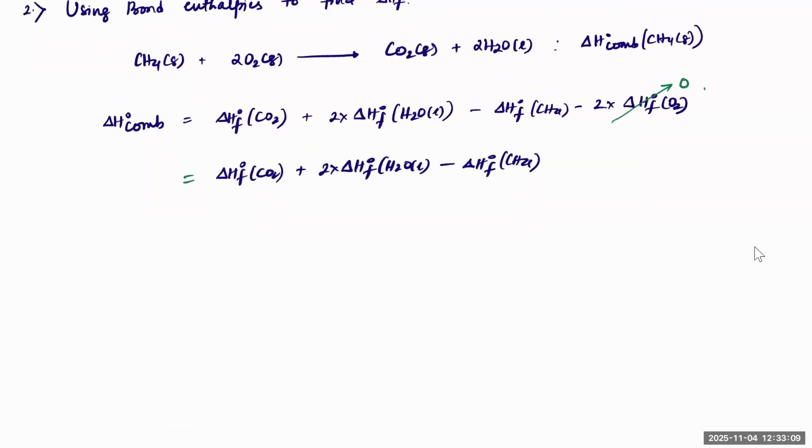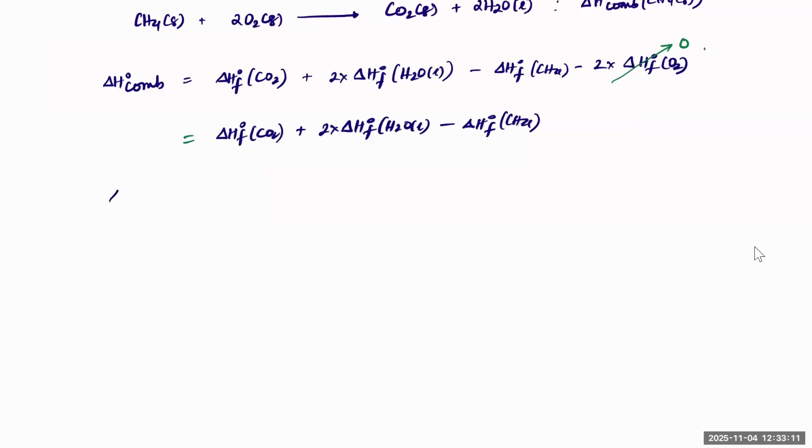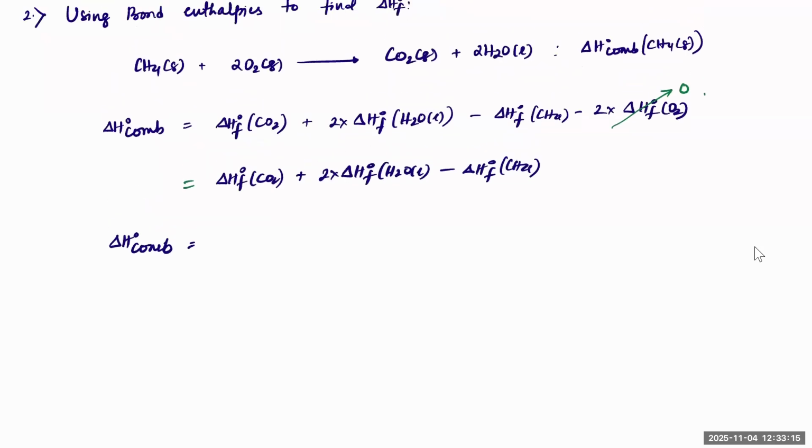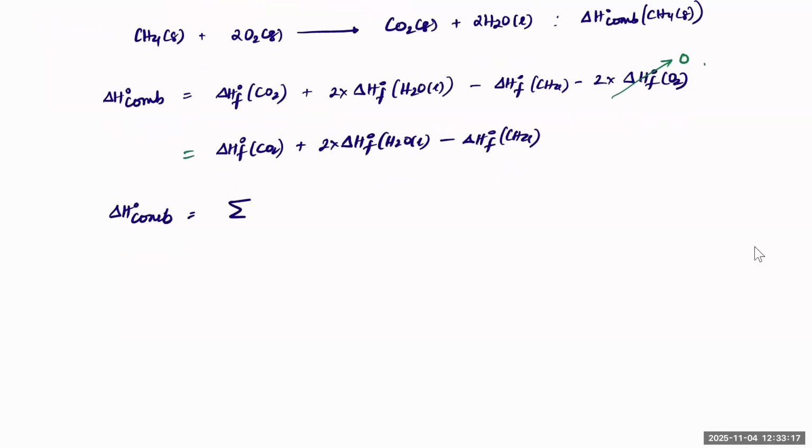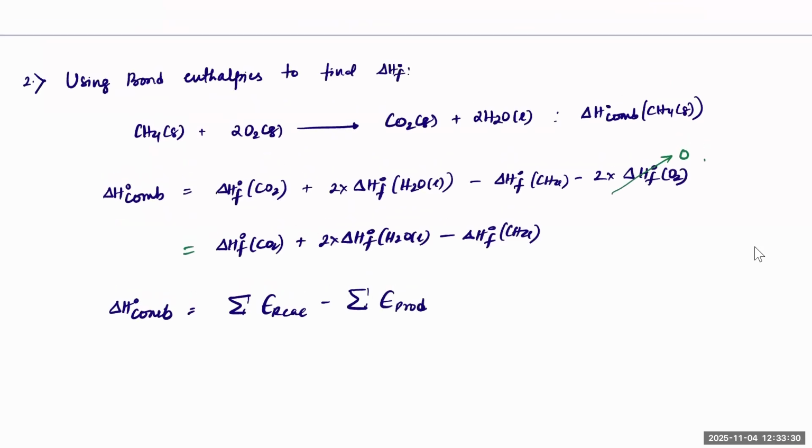But if you have to write the same delta H of combustion in terms of bond energies, I will write it as the summation of bond energies of the reactants minus the summation of bond energies of the products. So that's the main difference. For enthalpies of formation, you write products minus reactants.